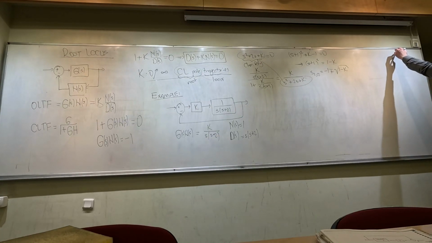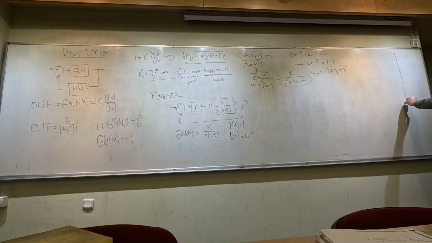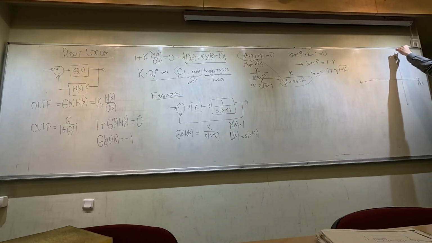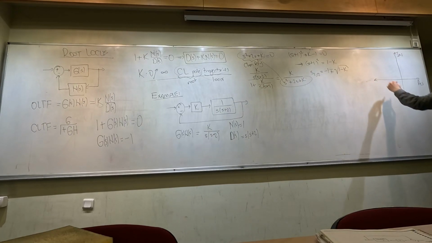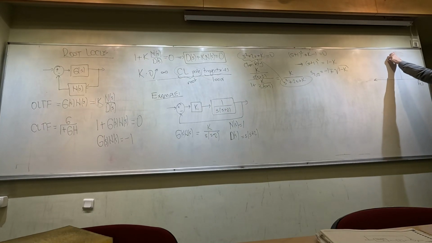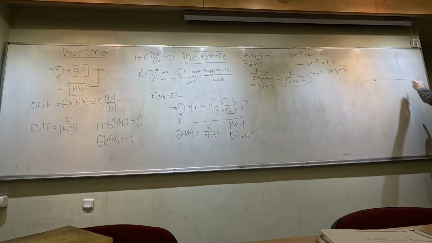Now let us try to draw those locations as k changes between 0 and infinity. So I have real of s, imaginary of s here. Let us try to draw the roots.